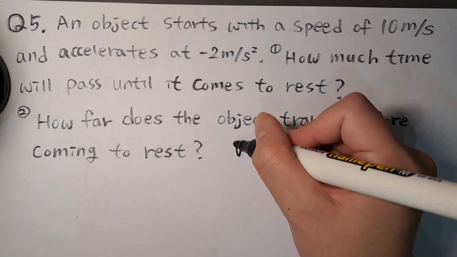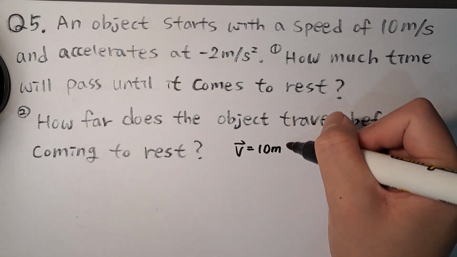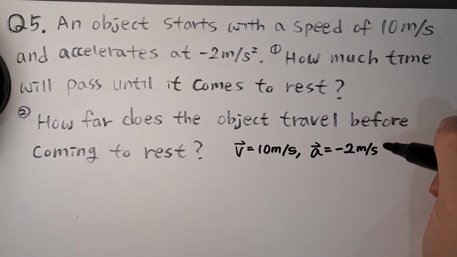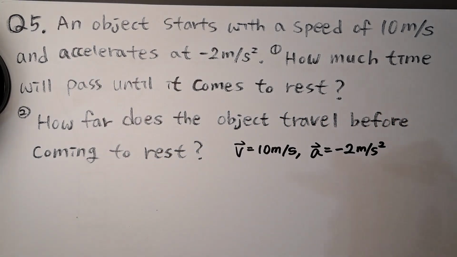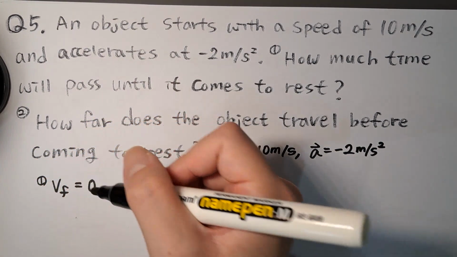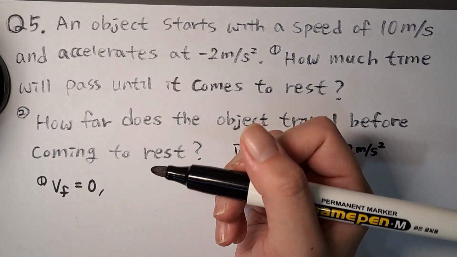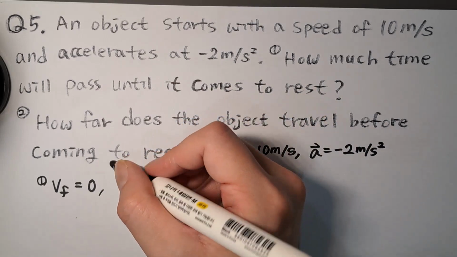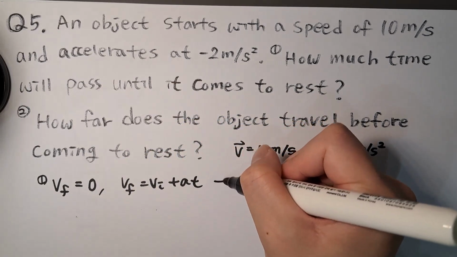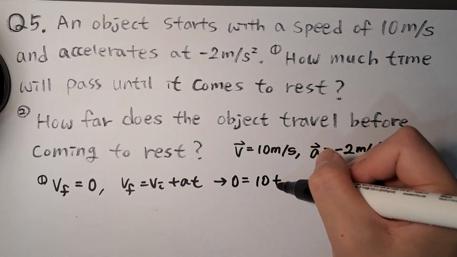So the velocity is going to be 10 meters per second and the acceleration is going to be minus 2 meters per second squared. Firstly, for finding the answer of the first question, the final velocity is going to be 0, and we are going to apply this equation.